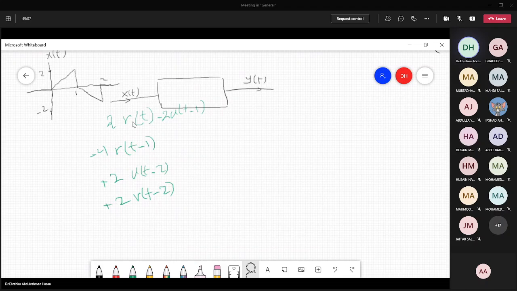So we'll get this: 2 r of t minus 2 u of t minus 1 minus 4.